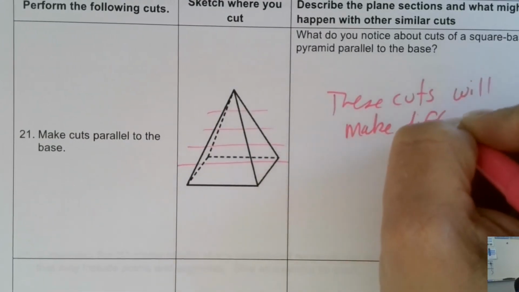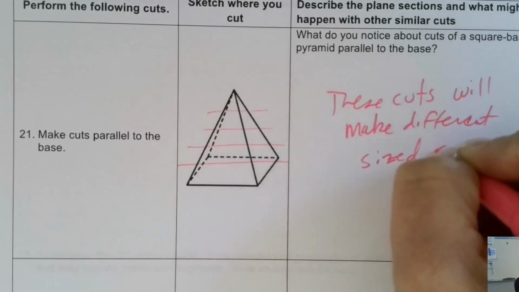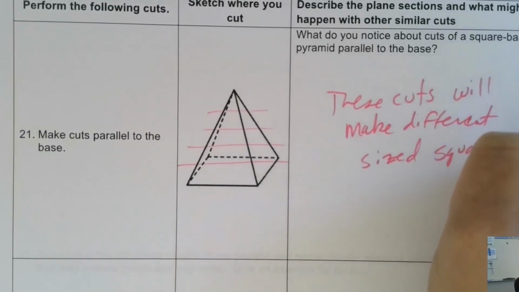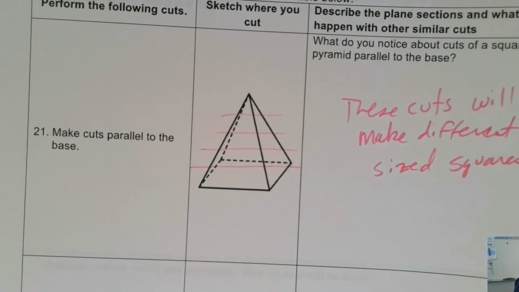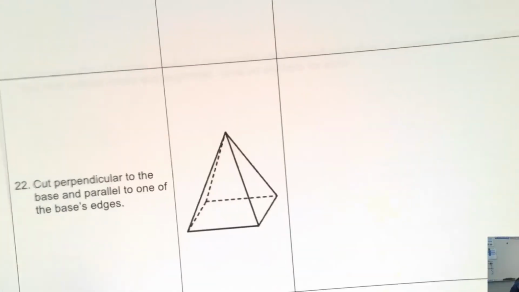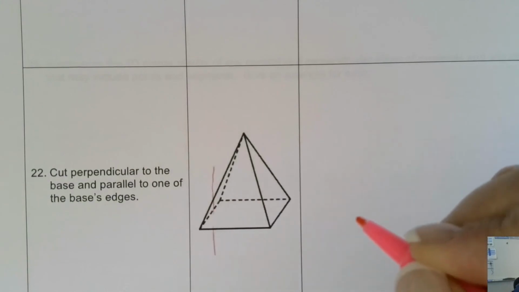These cuts will make different sized squares. Cut perpendicular to the base and parallel to one of the edges, something like that.